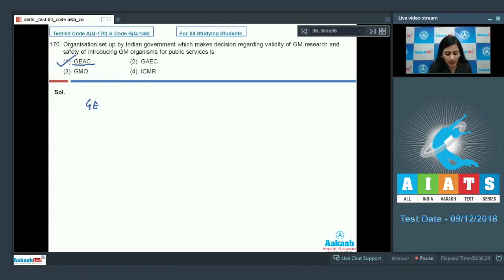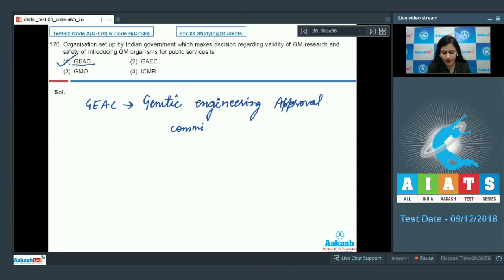This GEAC stands for Genetic Engineering Approval Committee. The next option given is GAEC, and this is not an organization which makes decisions regarding validity of these genetically modified organisms.